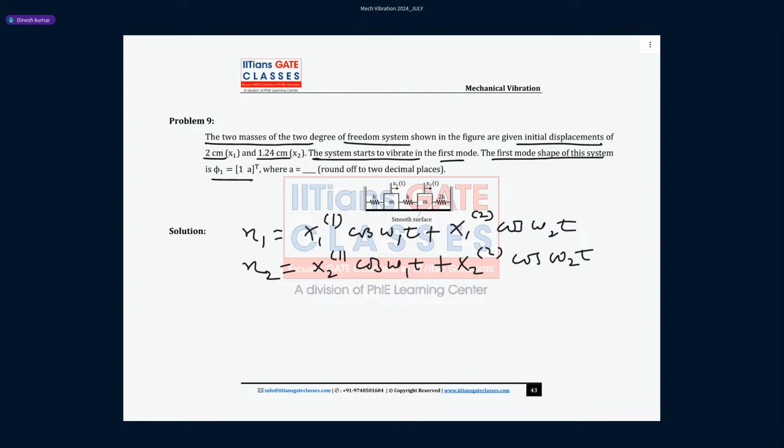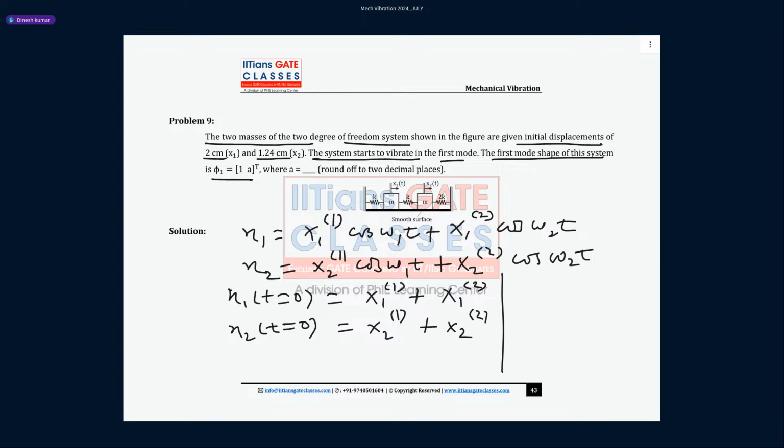Now guys, at t equal to 0, what is your x1? Initial displacement of mass m1. So x1 at t equal to 0 is nothing but x1 for first mode plus x1 for second mode. Same way, x2 at t equal to 0 is x2 for first mode plus x2 for second mode.